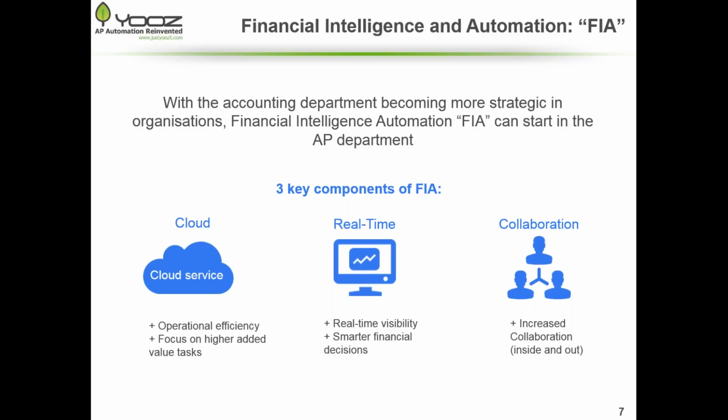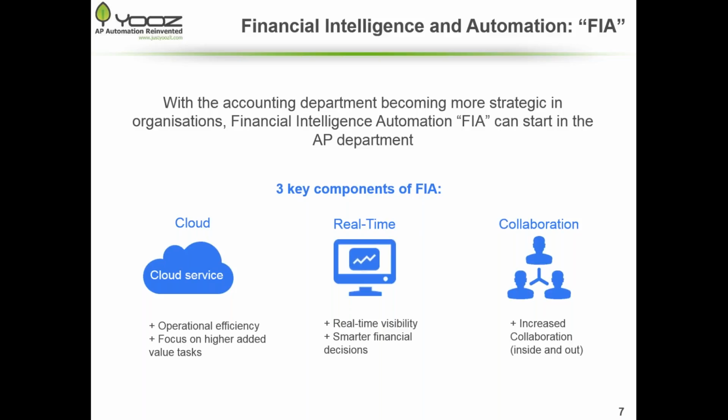The third key component of financial intelligence and automation is collaboration. So that is increased collaboration inside, but also out of the company. If you have a company that is multi-site, you want to be able to transfer documents very quickly between your different sites.